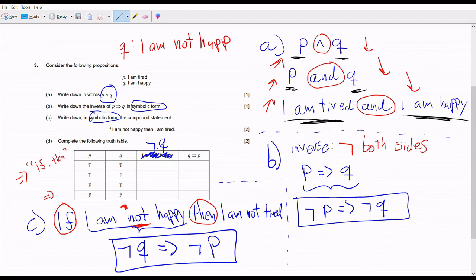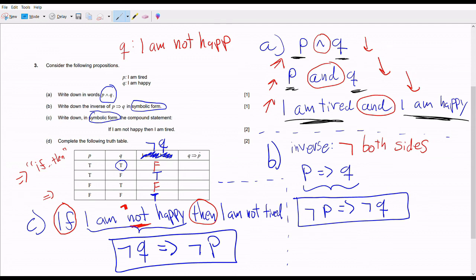So first we fill in the table for not Q. If here there's a true, on the other side there has to be a false. If here there is a false, on the other side there has to be a true, and so on and so forth. The not is always going to be the opposite of the previous proposition.